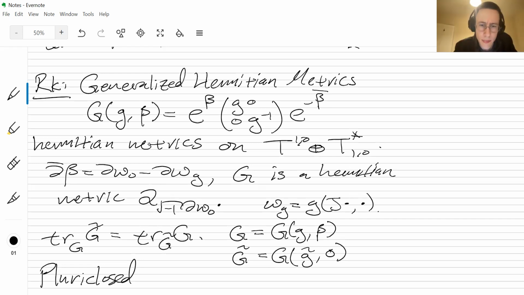Maybe this is due to my confusion of forgetting how the definitions work, but for a generalized metric, isn't it the case that it's not positive definite? There's a subspace where it's positive definite and a subspace where it's negative definite. Do you have the same issue with the generalized Hermitian metrics? That's a good question.